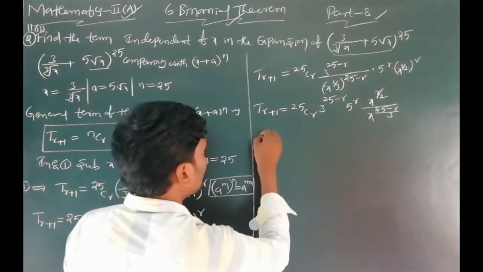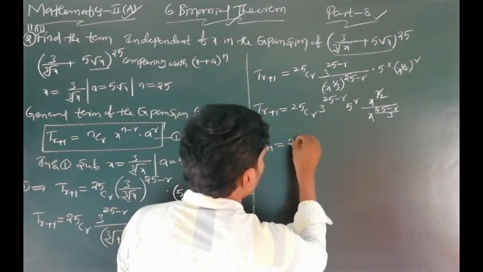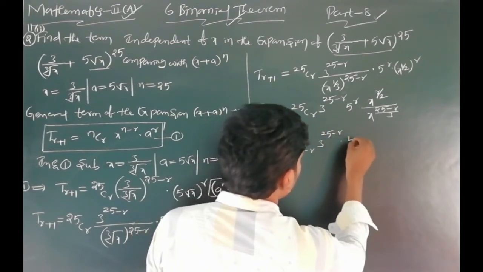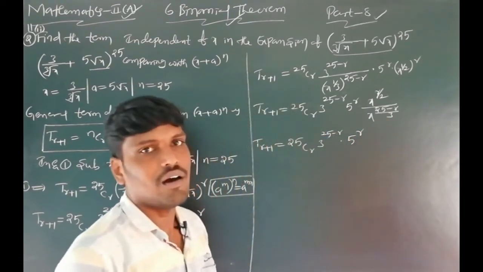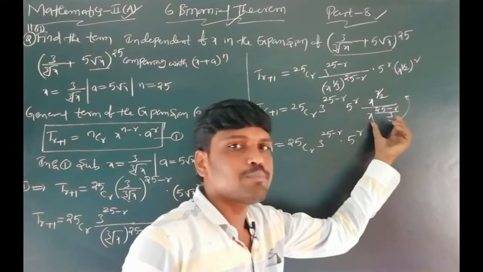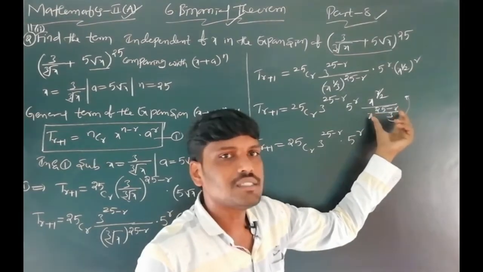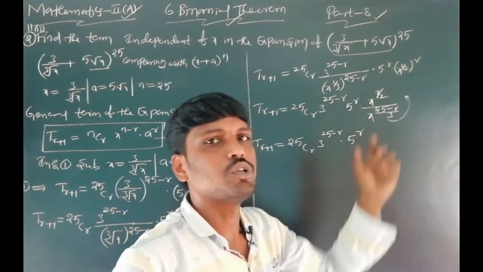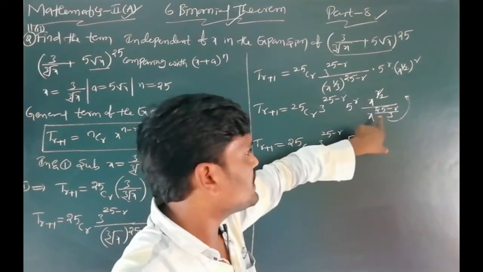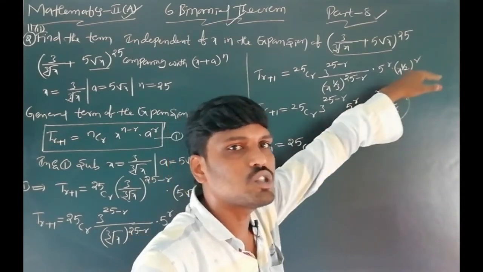After that you can write T r plus 1 is equal to 25Cr 3 power 25 minus r 5 power r. Here x power positive is there in the denominator. This denominator goes to the numerator, and the sign of the power is changed. What is the sign of the power here? The denominator power is positive. When this denominator goes to the numerator, the sign of the power is compulsorily changed. Positive comes to negative.